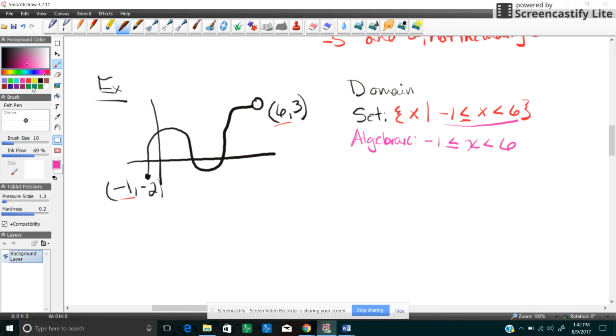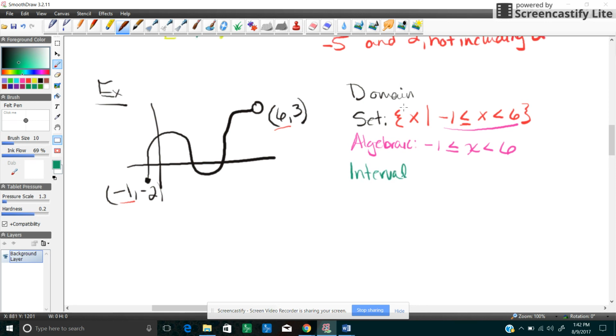Okay? And now finally, the one I was talking about earlier, interval notation. So I'm just going to put interval for time purposes. This one, I look at the endpoints again, which I already marked for me, -1 and 6. Okay, so -1, comma 6. And then I look at the closed circle and open circle.